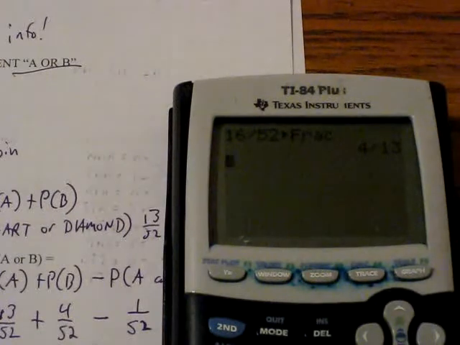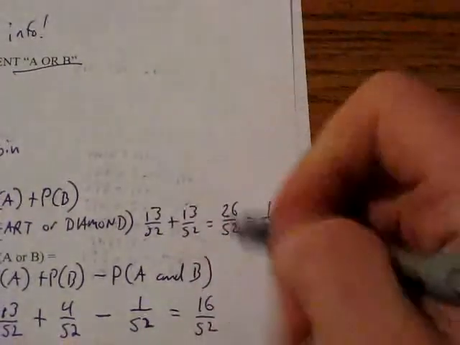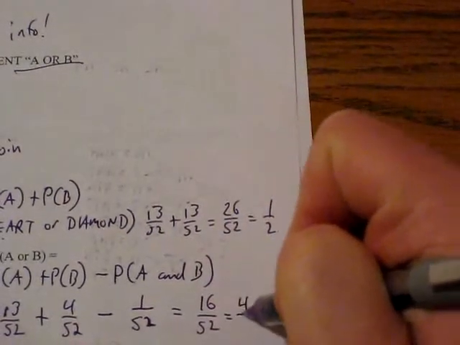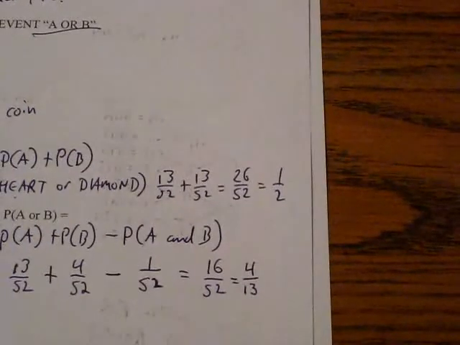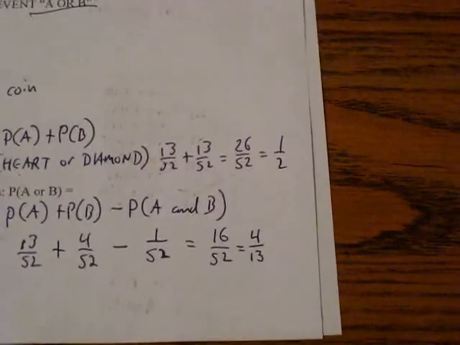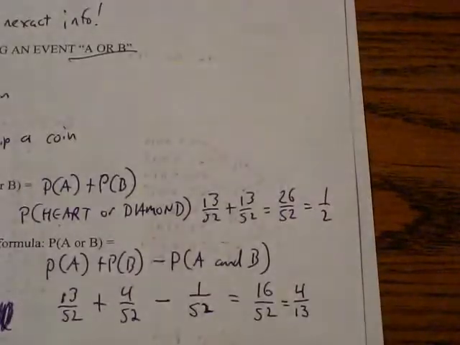And the answer is 4/13. Now again, I really don't expect you to do that for some of the simpler fractions in front of you, but this will save you time when we get to some of the answers on the back. So 4/13 is going to be the odds of you pulling the heart or the ace.